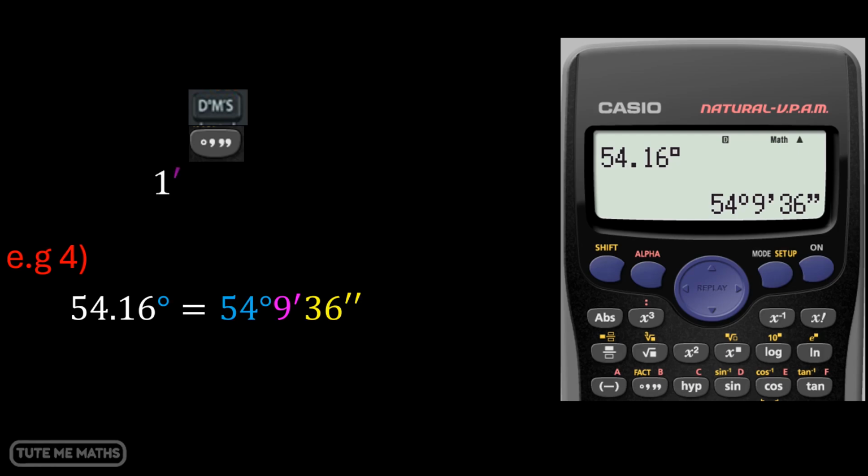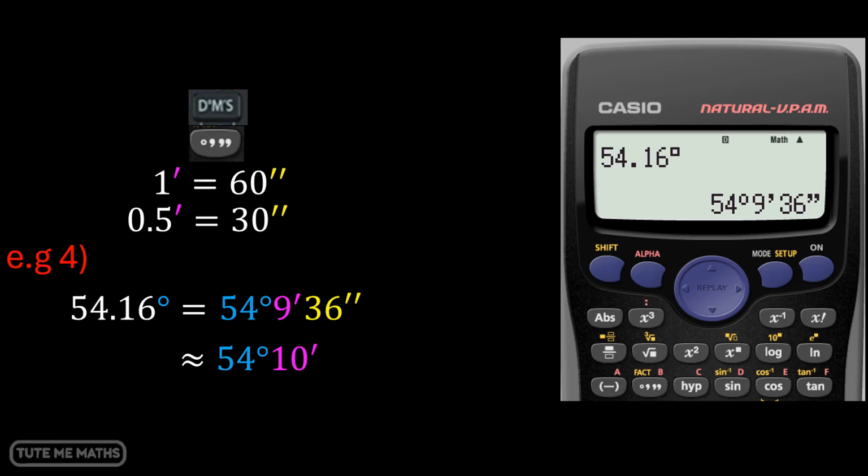So they are not decimals and thus are not rounded based on reaching 5 or higher. Half of 60 is 30, so we round up to the next minute once we reach 30 seconds or higher. Our answer is clearly more than 30 seconds, so rounding to the nearest minute would give us an answer of 54 degrees, 10 minutes, correct to the nearest minute.